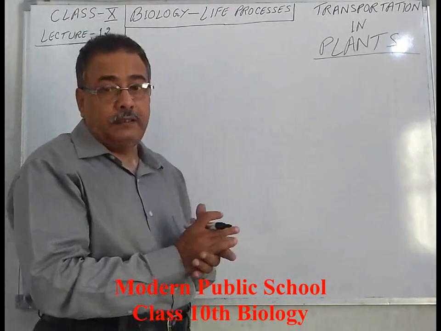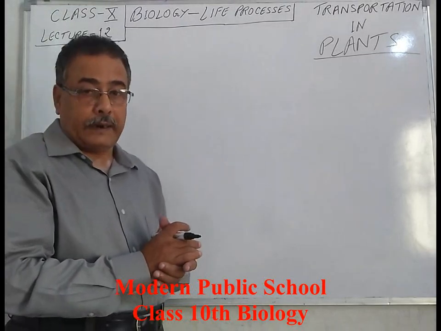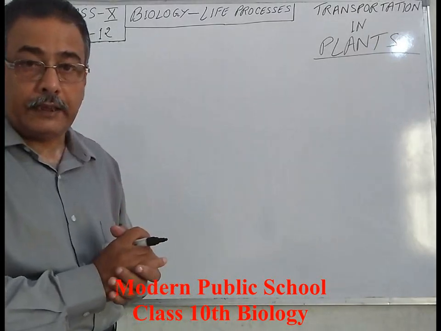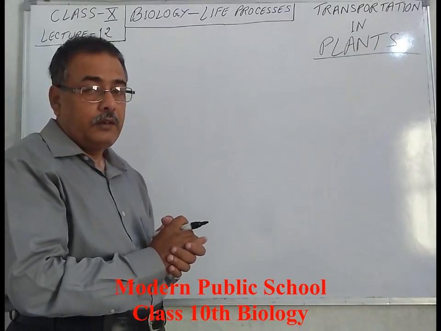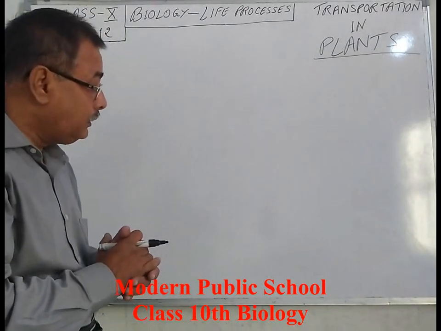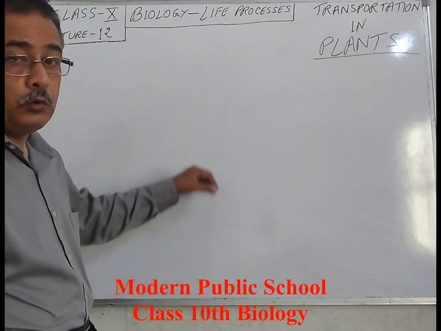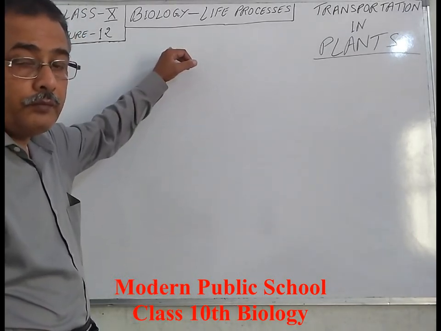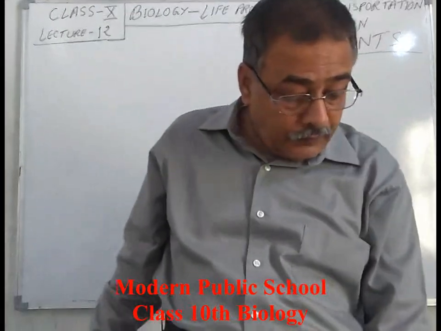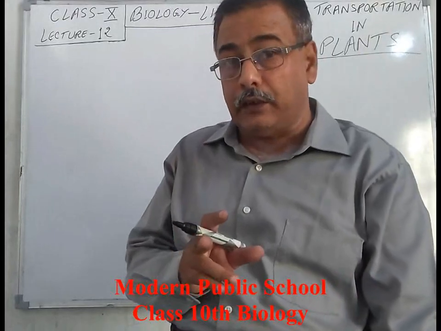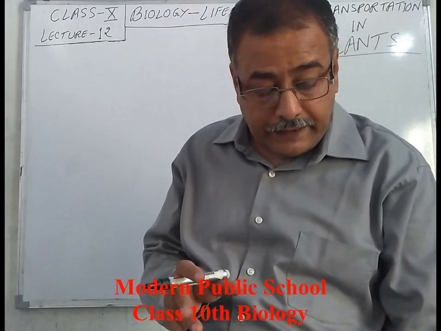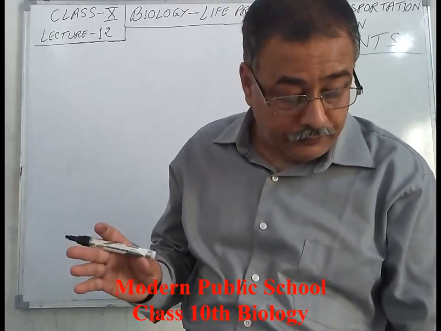But as we see, there are different kinds of plants, for example, very tall trees like eucalyptus, which may be up to 100 meters. Then how are the materials transported from root to leaves and from leaves to root? If the distances between the soil containing organ and chlorophyll containing organ are very small, energy and raw material can easily be diffused.